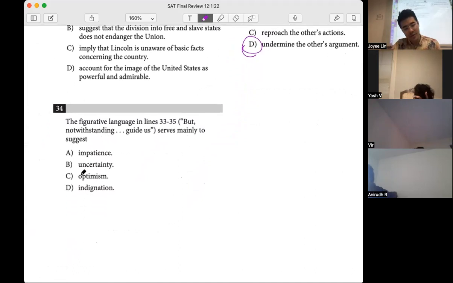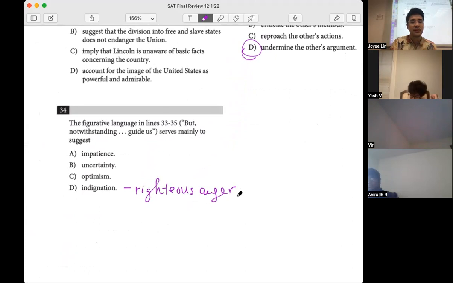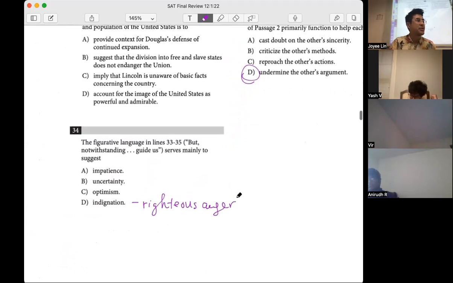I don't know why I include this one because we can't do that, but I just want you all to know indignation. What does indignation mean? Righteous anger, right? Anger for a reason, just in case it shows up. So history, right? Emotional charge, angry at people's arguments.